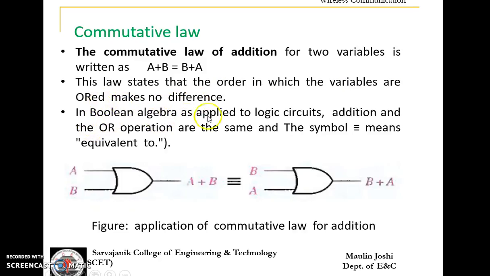In Boolean algebra, as applied to logic circuits, addition and the OR operation are the same, and this symbol means equivalent to. A or B is equivalent to B or A. So this is the figure for the application of the commutative law for addition.